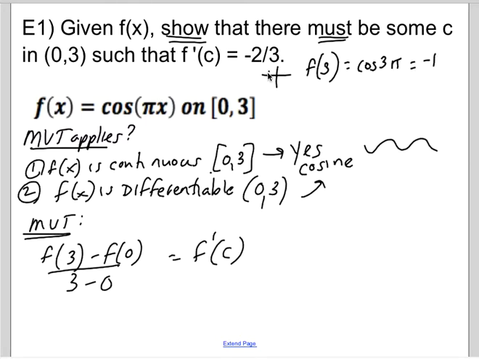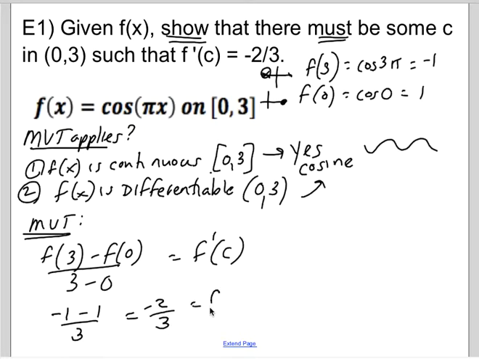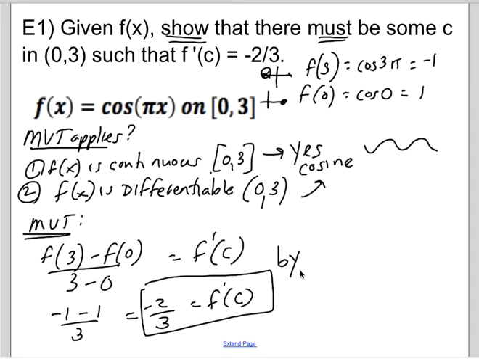Because 3 pi lives right here: 0 pi, 1 pi, 2 pi, 3 pi, that's a negative 1 cosine, right? And f of 0 would be cosine of 0, which is a 1 that lives right here on the unit circle, right? So I'm going to get that this is negative 1 minus 1 all over 3, which is a negative 2/3. So sure enough, by the MVT, yes, that's true, right? So I was able to show it by the MVT.